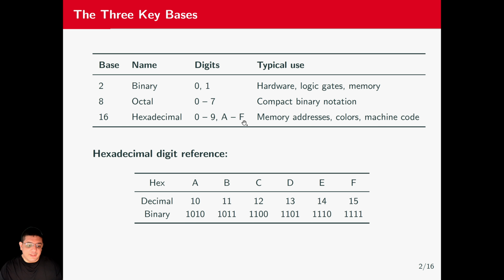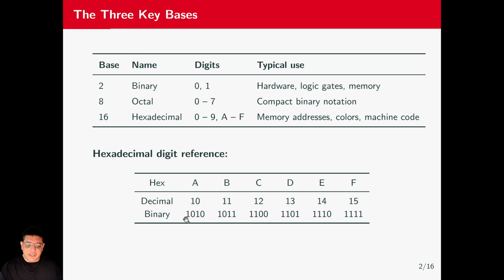And there's a representation that goes for each of those. For example, the hexadecimal letters A, B, C, D, E, F are seen in different ways. In decimal, A is represented by 10, B by 11, C by 12, D by 13, E by 14, F by 15. And in binary, you have the conversions.